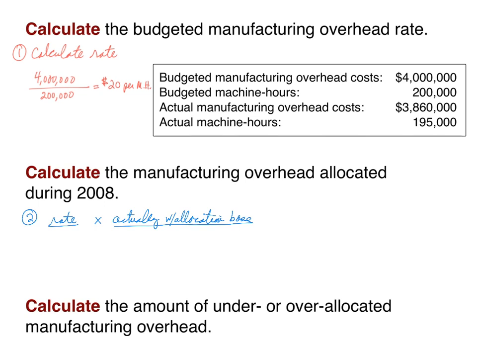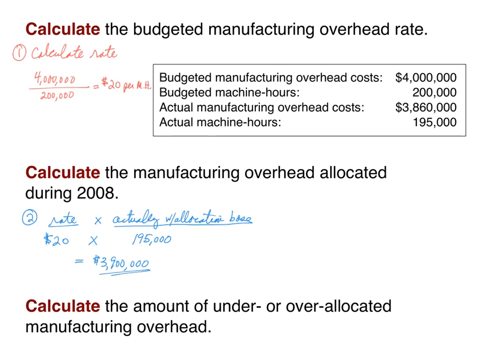So we just calculated our rate to be $20 per machine hour. So per times. Now we need the actual machine hours. So if you look at our information, we find actual machine hours to be 195,000. So the amount of overhead applied or allocated is $3.9 million.